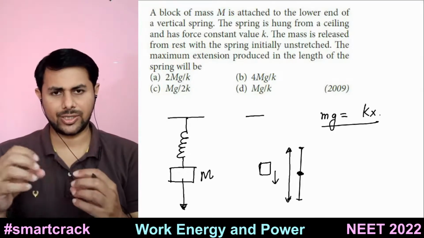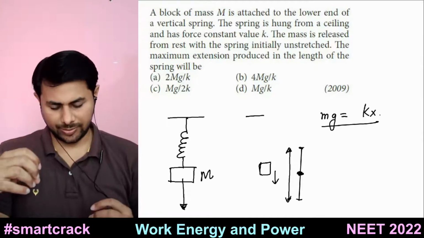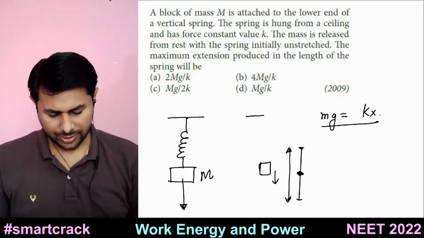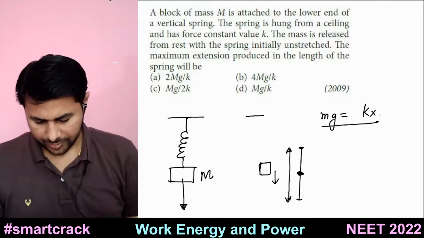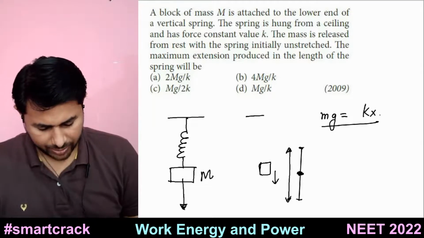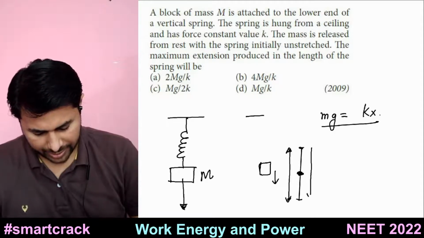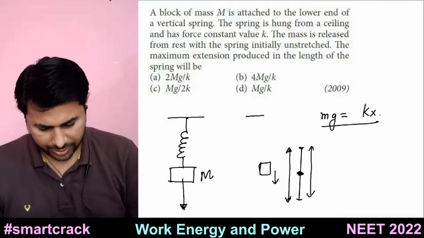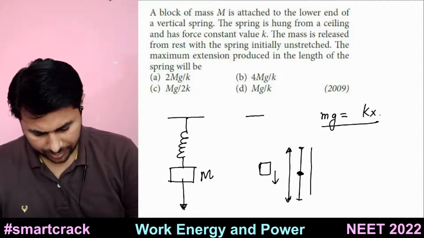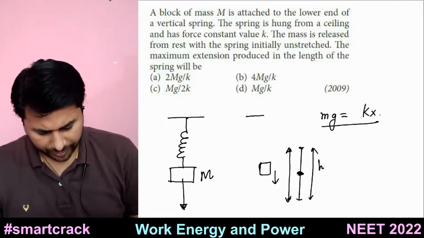There is some potential energy, and when the total potential energy gets converted to the spring energy, at that point it will stop. So there is some potential energy at this point, and that total potential energy gets converted to spring energy. Suppose the distance is this much, I will call it h.